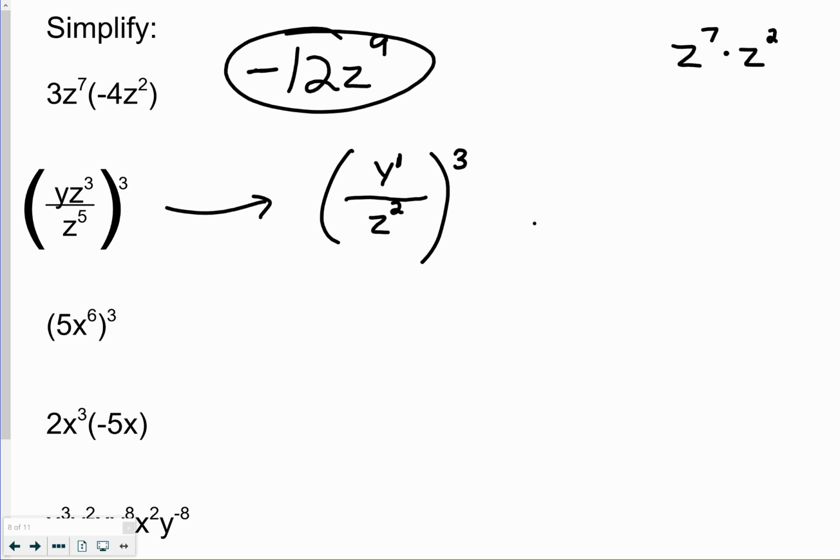Very good. When I go to bed at night, I say my prayers and I say power to a power is multiply. So the answer is going to be y cubed over z to the 6th power. Questions on that one? Yes. Go ahead, Ariana.